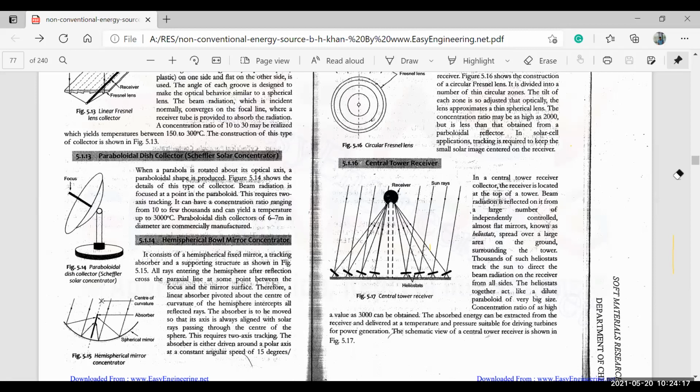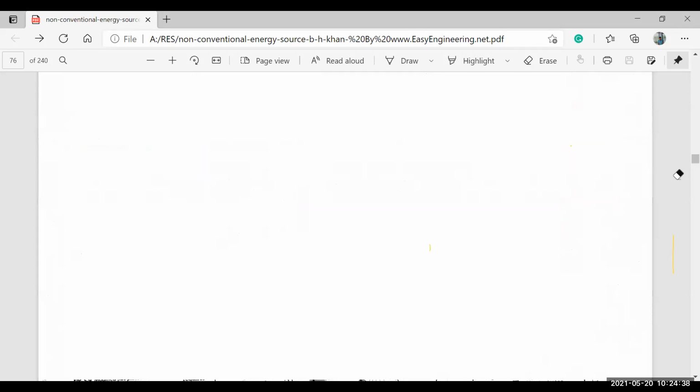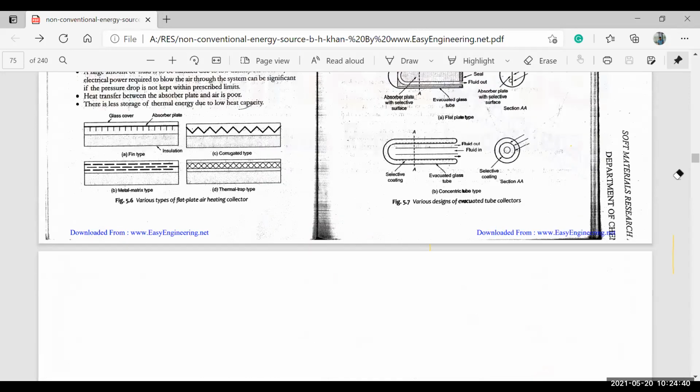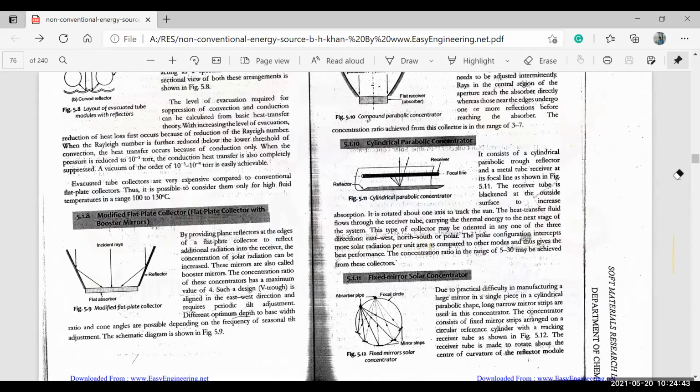Generally these reflectors are made of, if you look at the cylindrical parabolic concentrator, aluminum or silvered glass. These are in black and white. If you search on the net, this will be a highly shining and reflective material.